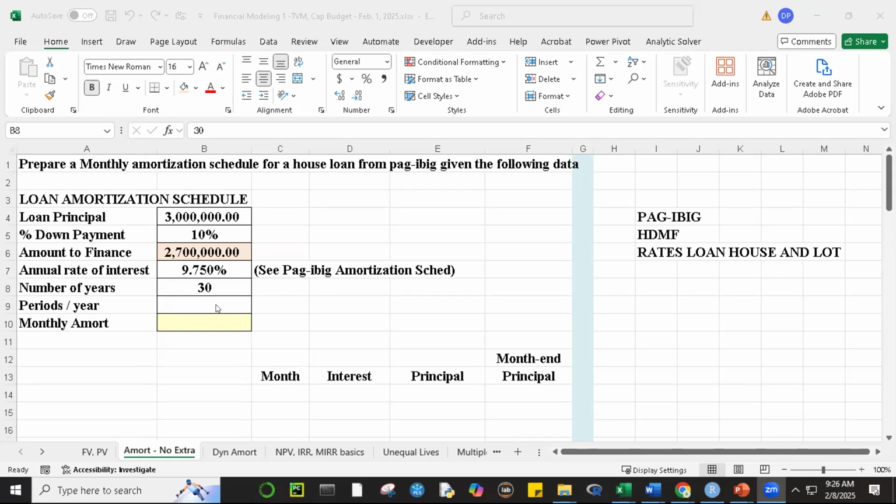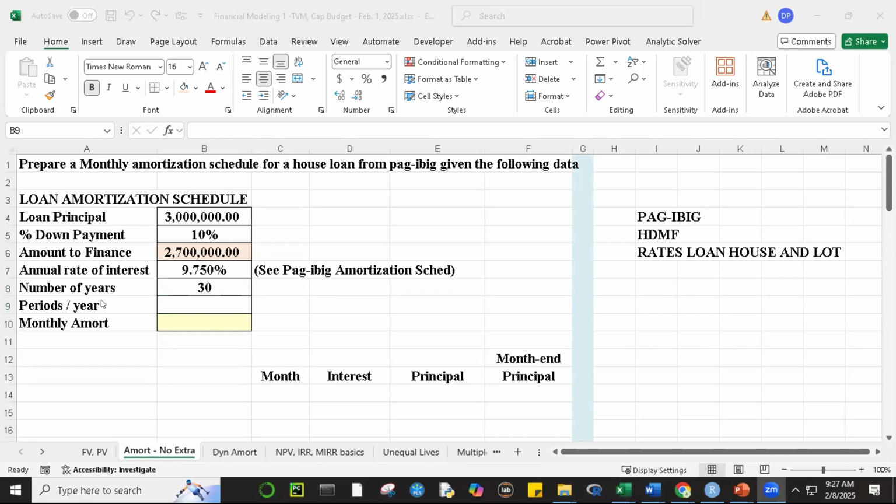Okay, how many periods are there per year? What's the arrangement when you loan for a house in Pag-ibig? What's the frequency of the payment?